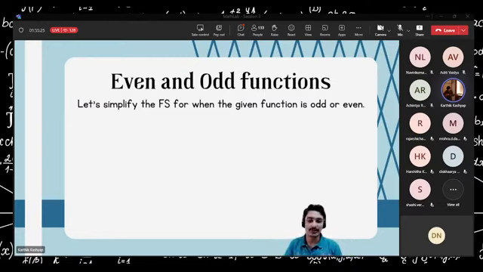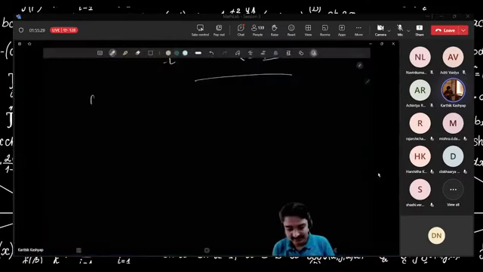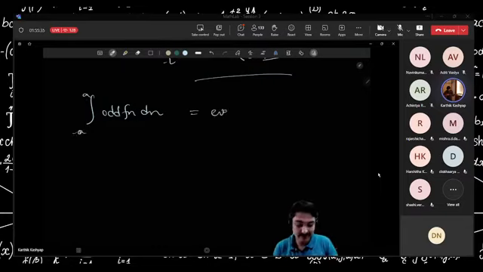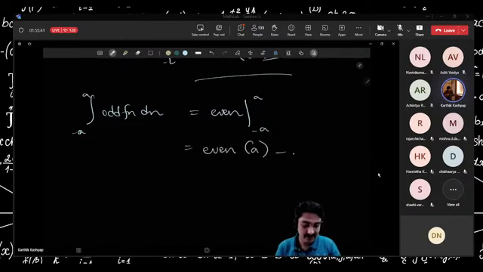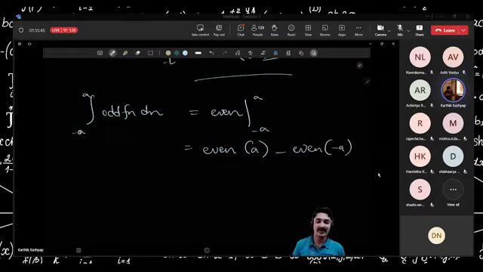So I'll just write it to show: the integral of an odd function dx from minus a to a will give some even function with the limits minus a to a. So this is even at a minus even at minus a. As it is an even function, even at minus a is equal to even at a. So these both cancel out. This will be equal to 0.